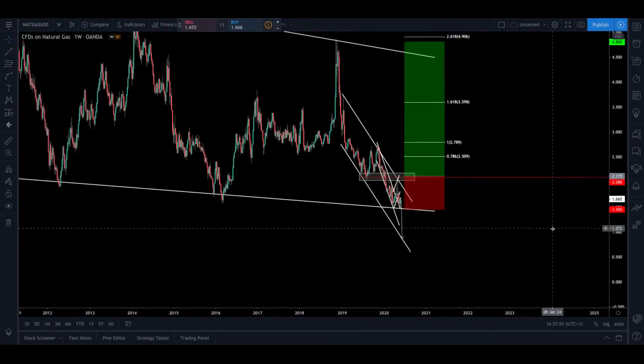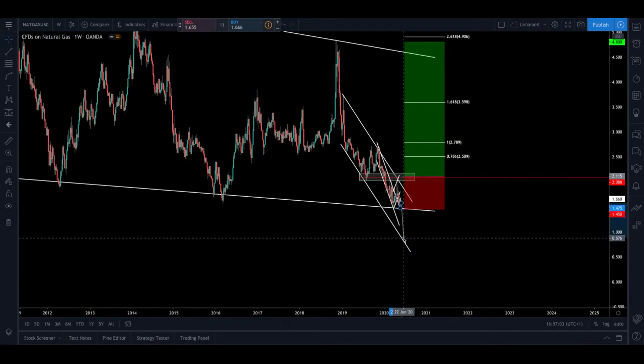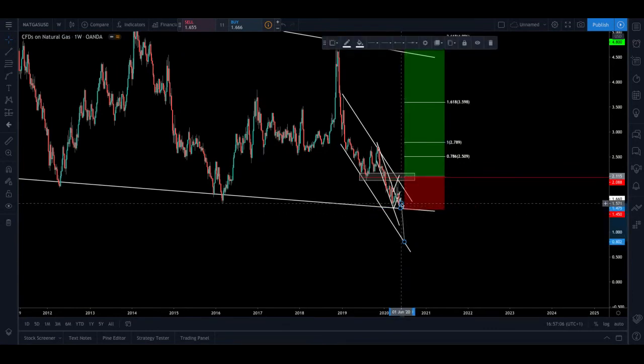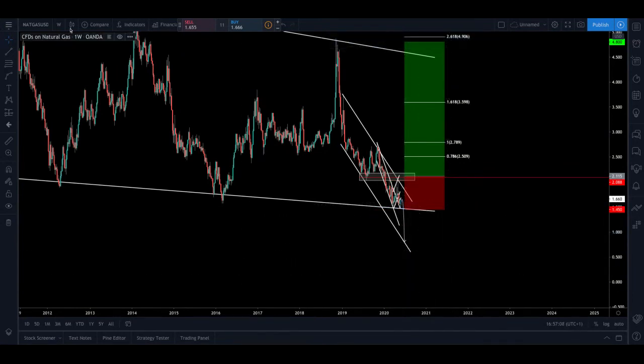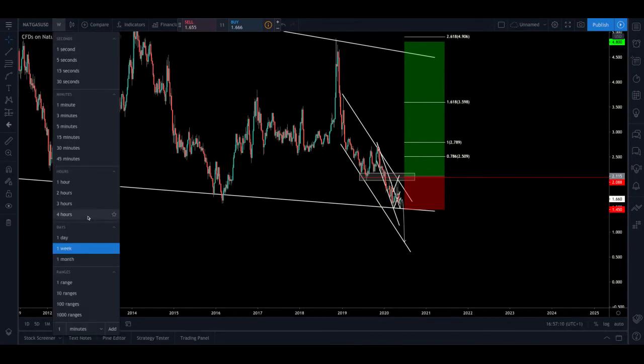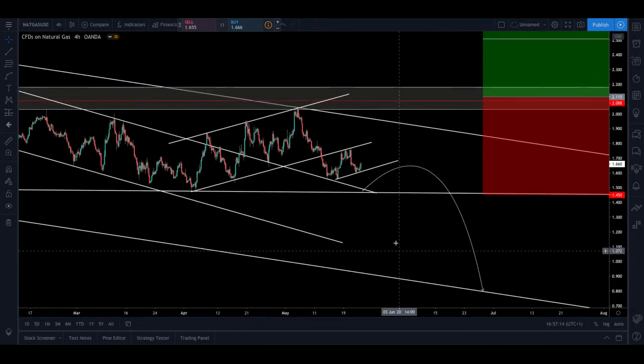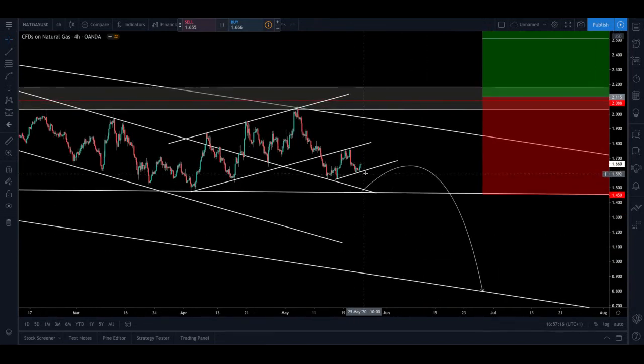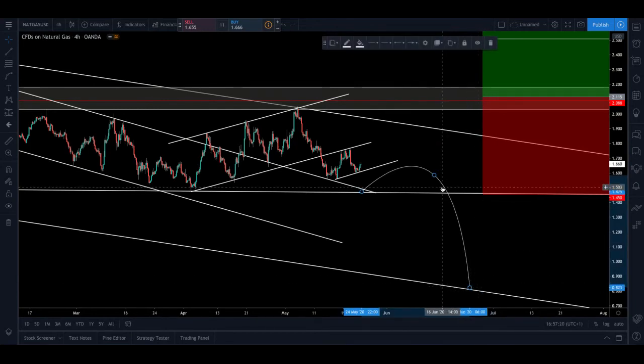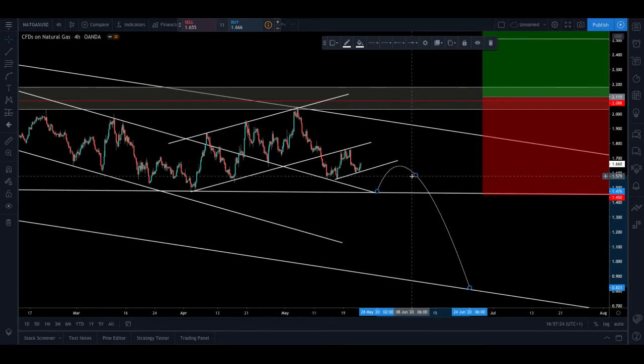And this channel bottom here is in play, definitely, don't get me wrong. Go back to the 4-hour. So yeah, if we see this level broken, then definitely we can start to see lower levels, which makes this trade not one for now.